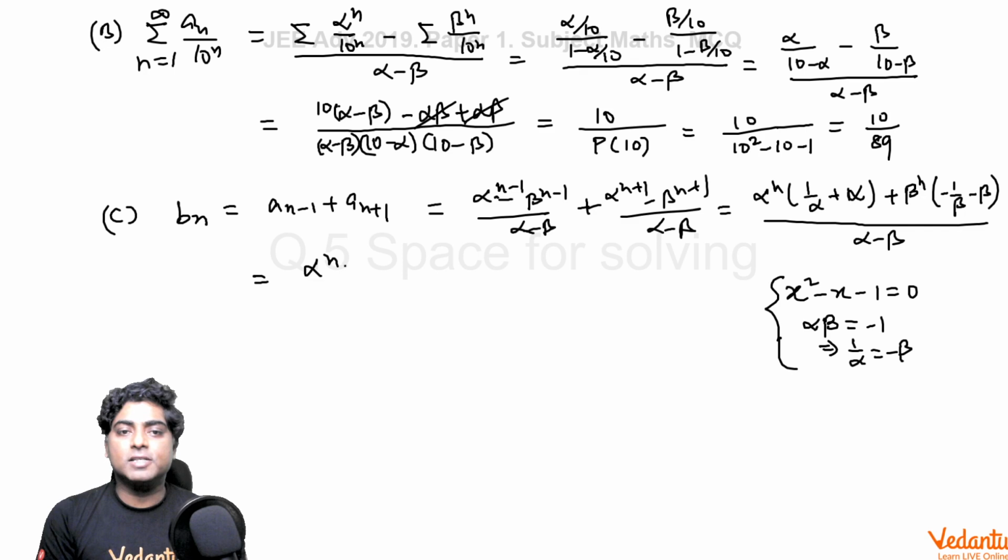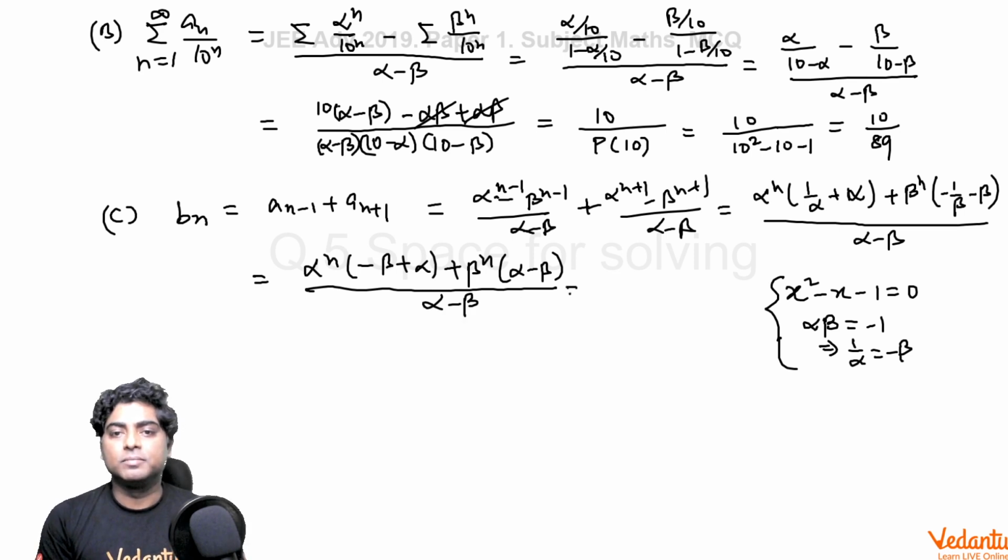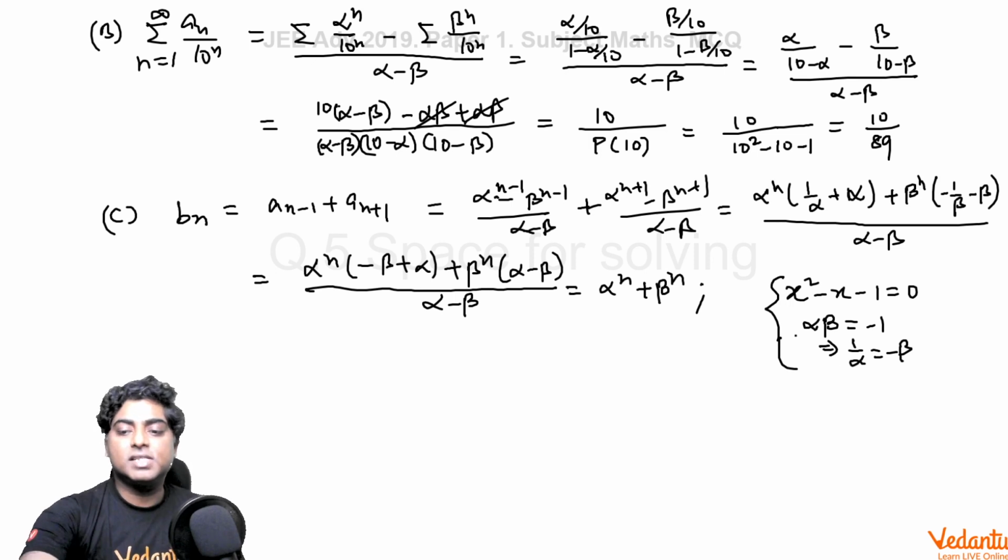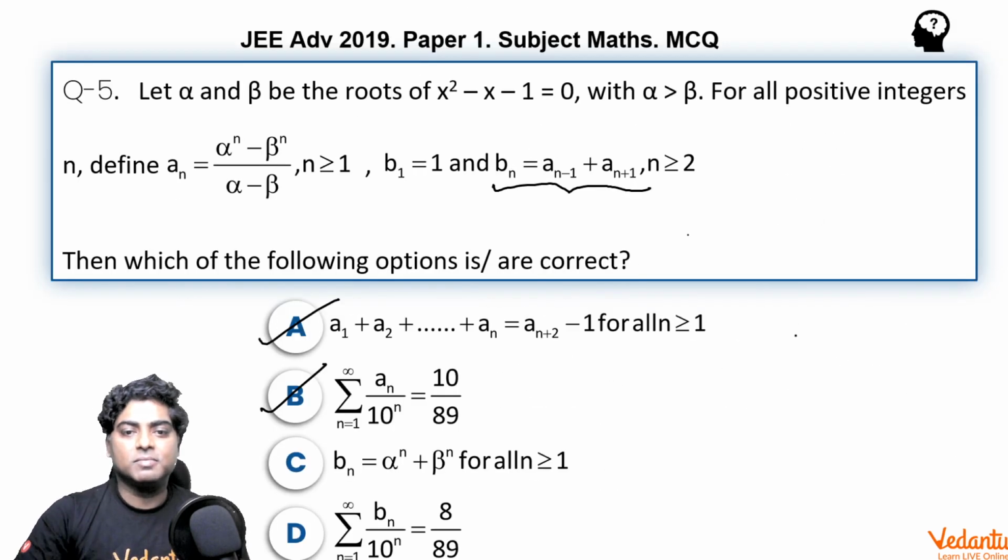So I can write alpha raised power n times minus beta plus alpha, plus beta raised power n times alpha minus beta. We are keeping the denominator as it is. Finally alpha minus beta will get cancelled, and we'll get alpha raised power n plus beta raised power n. So option C is also true, isn't it?